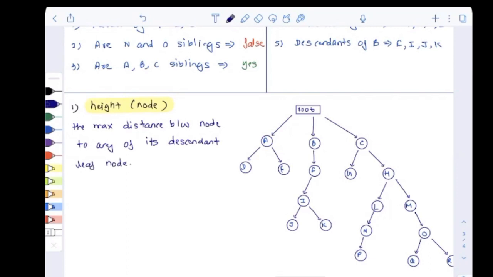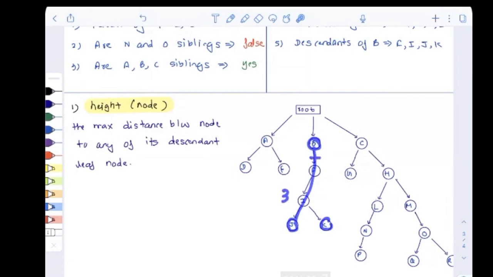Think about it and tell me. So the maximum distance between a node and any of its descendant leaf nodes is known as the height of that node. For example, guys, suppose I'm talking about the height of B. So what are the descendant leaf nodes of B? That is going to be J and K. The distance from B to this descendant leaf node J is 3.